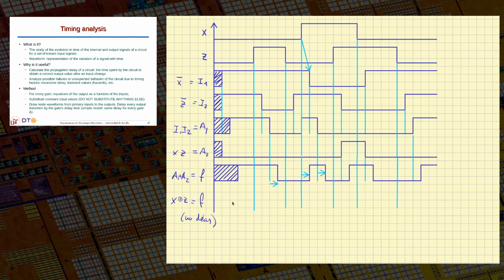Okay, now I do not consider delays, so it's much easier. If they are the same, f is 1. If they are different, f is 0. So here they are different. No, here they are the same, sorry. So it's a 1. Here they are different, so it changes to 0. They are the same again, so it changes to 1.